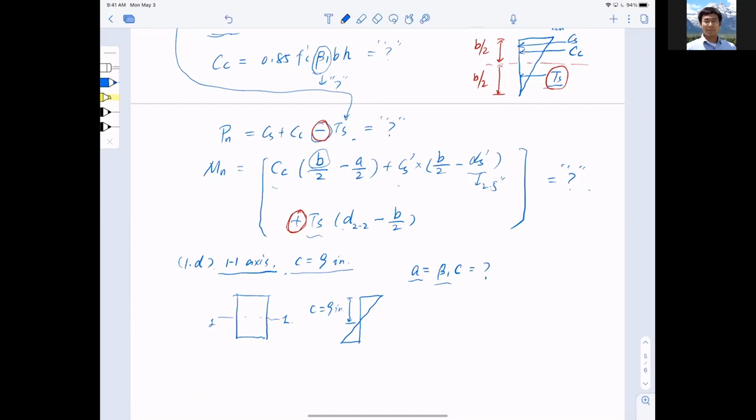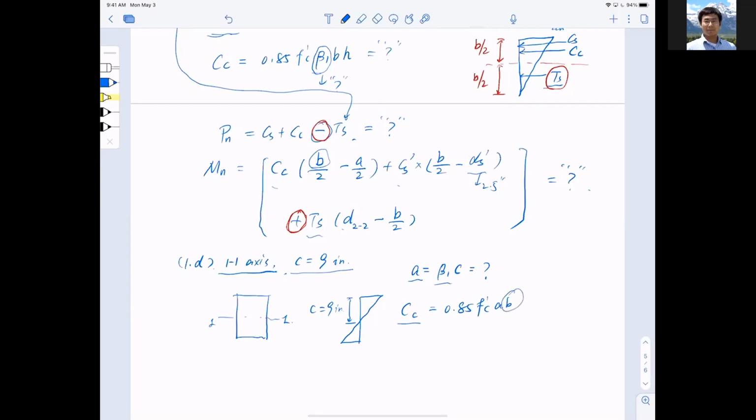But I can find my effective compressive zone A. Once I find that, the compression force from the concrete CC would equal 0.85 F prime C AB. So you carry out the calculation.